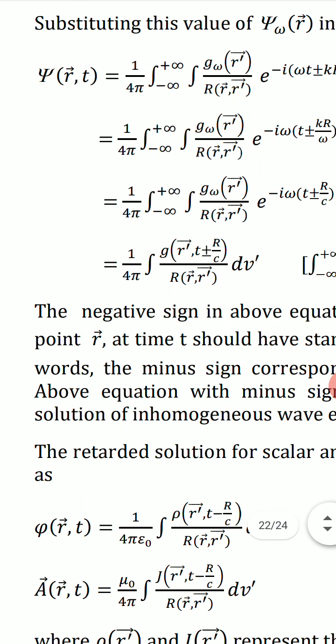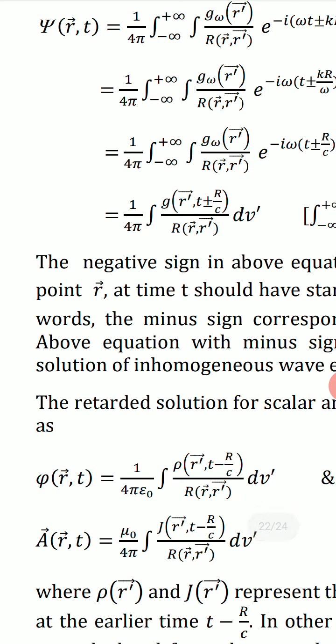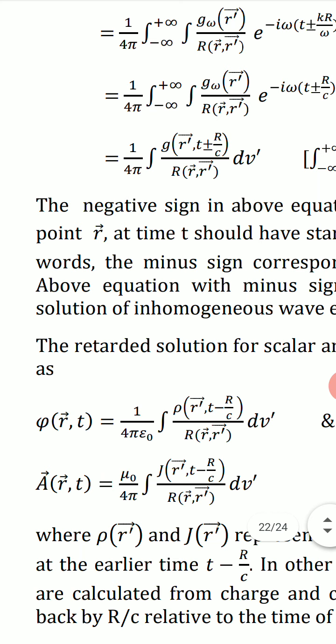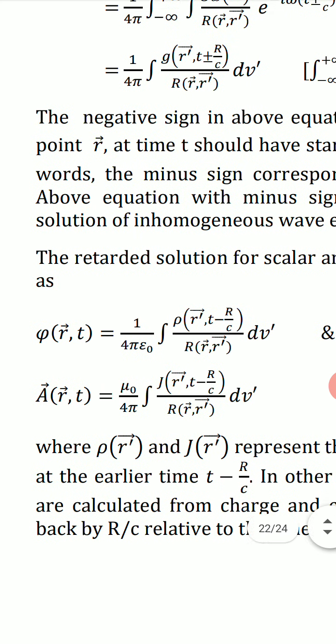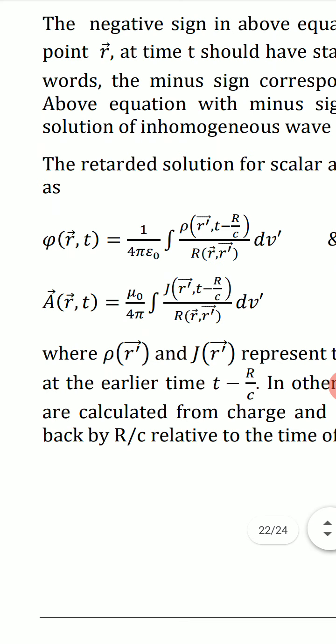In this equation for psi, if we write for small g as rho upon epsilon 0, then this psi becomes scalar potential phi, and in right hand side we write for small g as rho upon epsilon 0, and if we write psi as a vector, then in right hand side for small g we have to write mu 0 j.